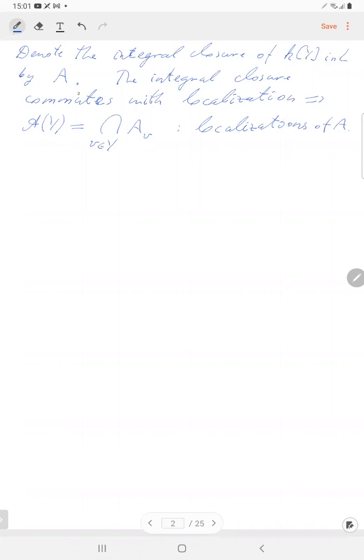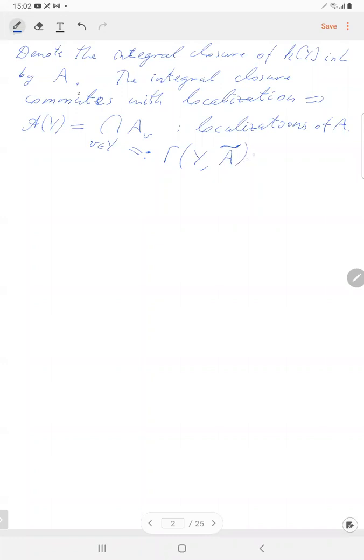Okay, but now this thing by definition is the global sections of localization of this A. If you still remember from our November days when we studied quasi-coherent sheaves, the global sections of localizations are just the intersection of all localizations at all the points.